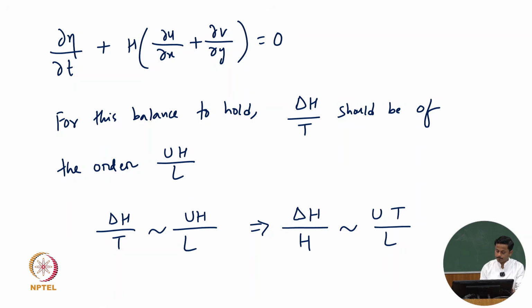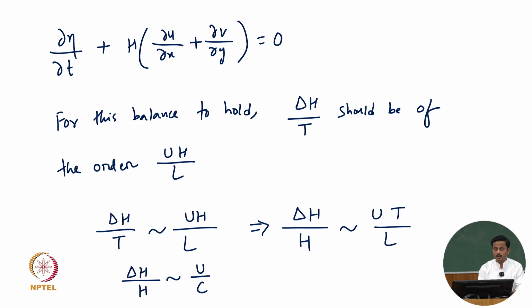Now, given the fact that L by t is equal to capital C, that is the scale for the wave speed that we had defined earlier when we had introduced that scale, delta h by h is now equal to u by c, because L by t by definition is the scale for wave speed.